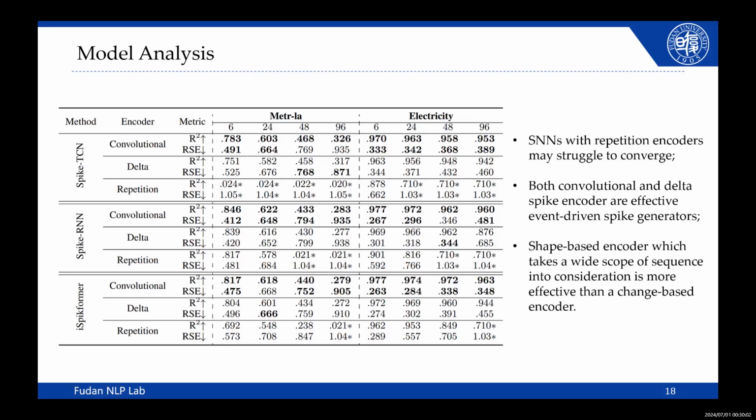Both convolutional and delta spike encoders are effective event-driven spike generators. And the convolutional, shape-based encoder, which takes a wider scope of the sequence into consideration, is more effective than the change-based encoder.